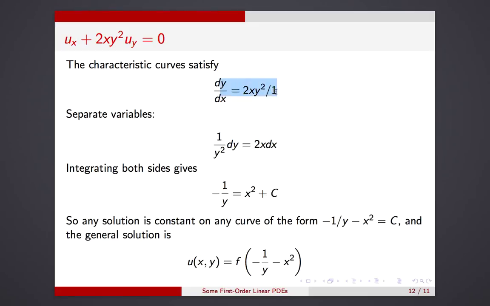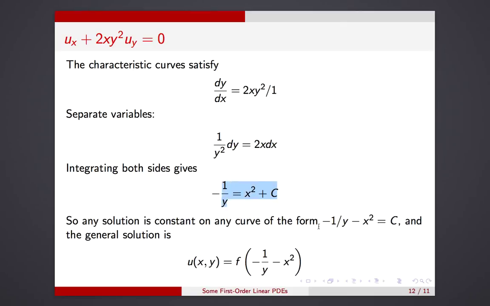So to solve this ODE, you again just separate variables. So you shift that dx over here. You have to shift the y squared over here. You have to group x and y stuff, so that when you integrate, you're integrating just a dy guy, just a dx guy here. Integrating both sides yields this equation.